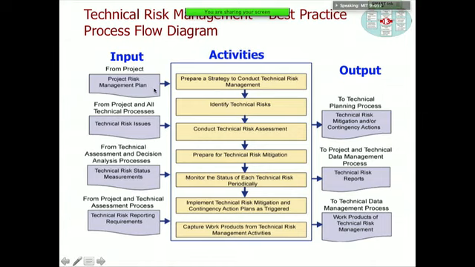You have a risk management plan, your technical risk issues that are placed on the matrix, any measurements or data you have, and then how do you report this, and then out of it comes a mitigation plan, a set of actions, technical risk reports, and then any work products from the technical risk management. And the idea is that you repeat this process on a regular basis. And it's a big part of your milestone reviews as well.